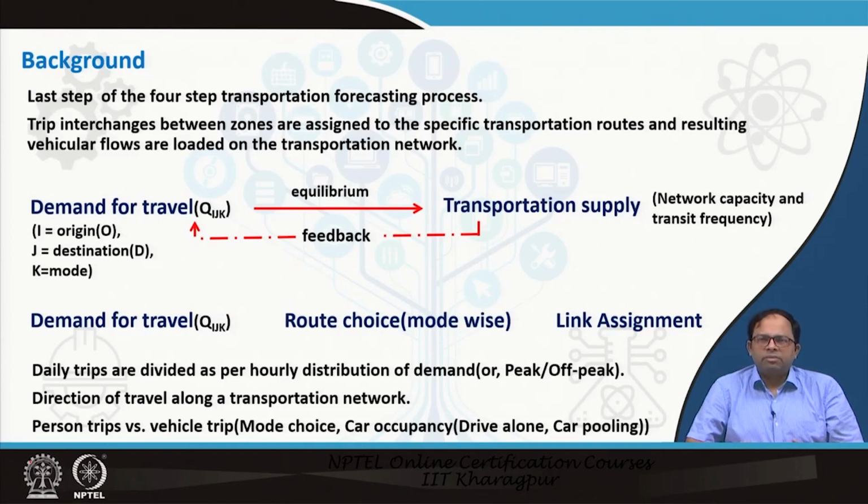If he is using a two-wheeler or a car, then we will decide, is he going to go alone or together with some other people. So accordingly, we will decide on the number of cars that would result from the number of person trips. So we are more concerned with vehicle trips, not person trips.